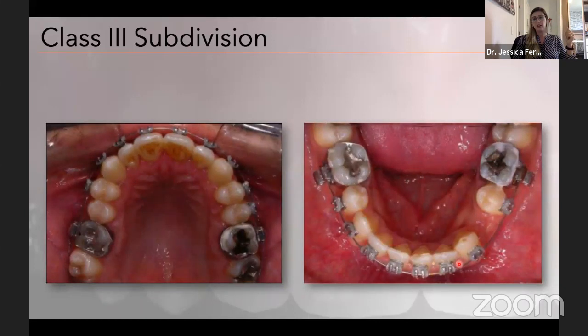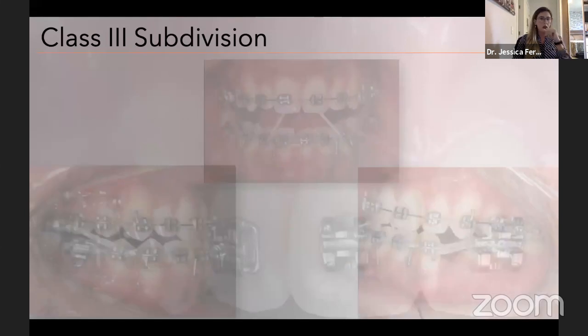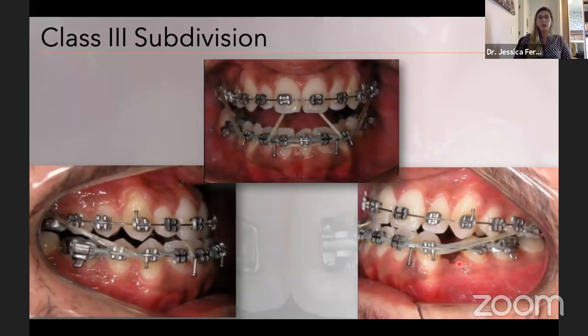To correct this dental midline deviation, the class 3 malocclusion. Using the class 3 intermaxillary elastics and simultaneously the space closing, and elastics to correct his crossbite.